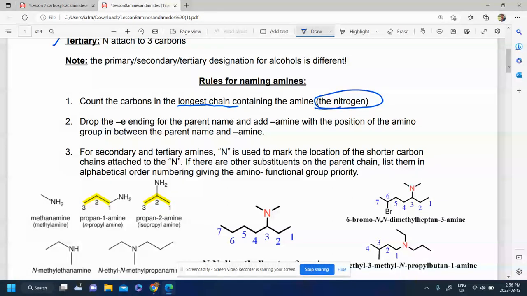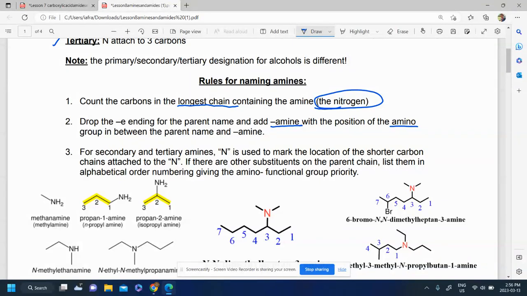And what you do is you would name that parent chain based on the number of carbons it has, and then change its ending to amine. And you do have to indicate where the amino group, which is the NH2 group, is located on which carbon. The other thing to keep in mind as well is that we do have substituents. So substituents, you would list them as you normally would.